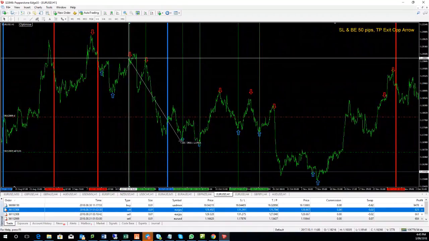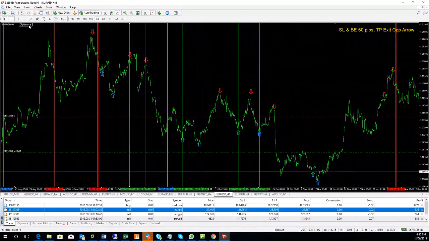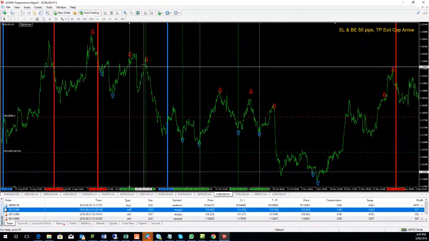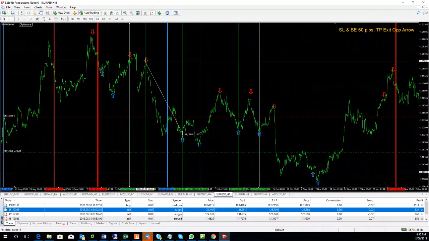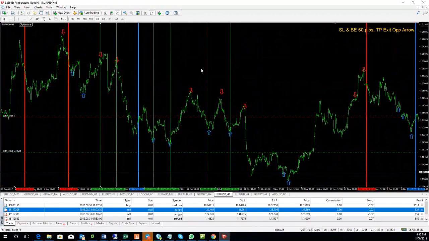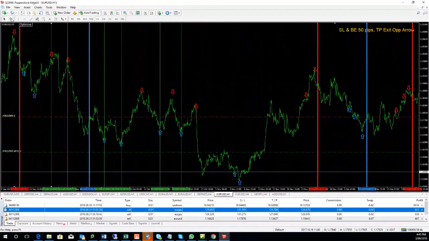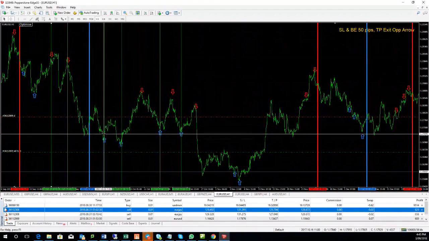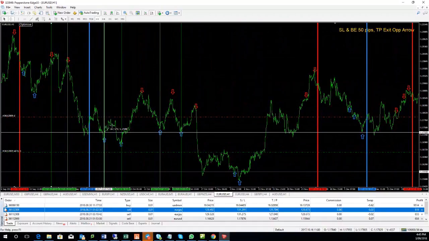Here you can see my exit would be at 250, 260 pips on that one, and also around here 250 pips. So now we've got the longs. I would be setting a break even at around 50 pips also.